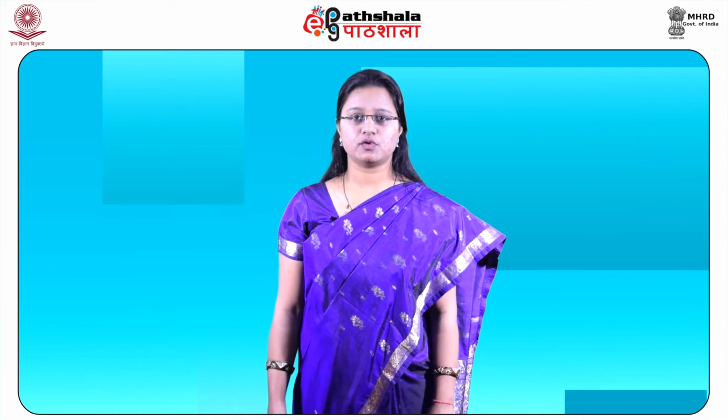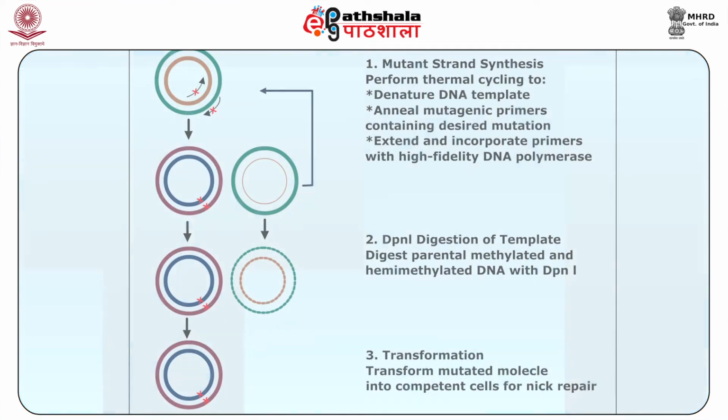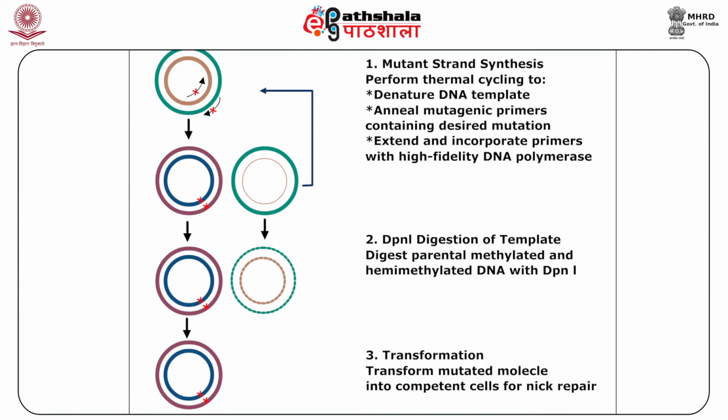So this Pfu DNA polymerase, which is isolated from Pyrococcus, is used in this reaction, and what else we require is a PCR machine in which we can have 3 different temperature setups. The basic procedure, which was developed by Stratagene, now called Agilent, utilizes a supercoiled double-stranded DNA.